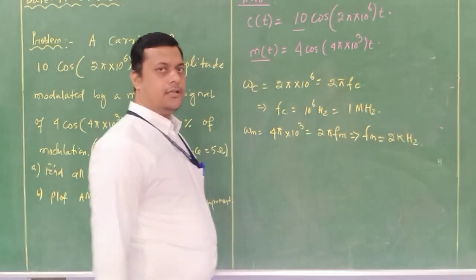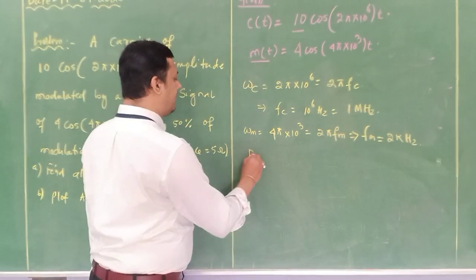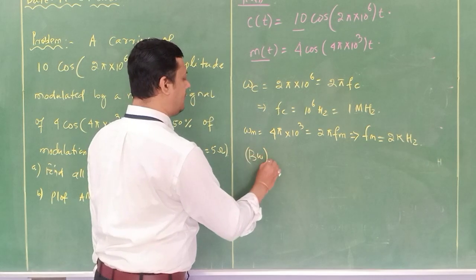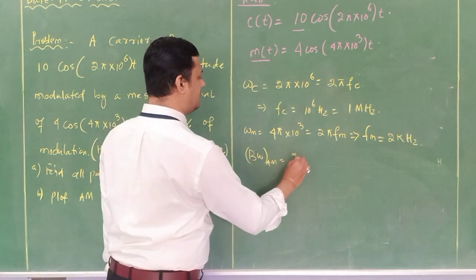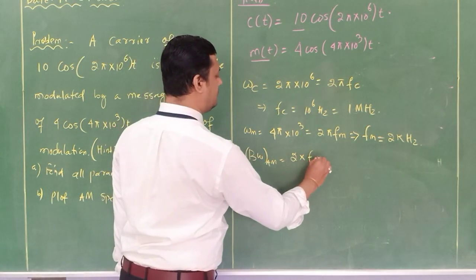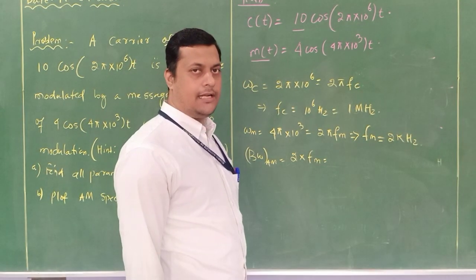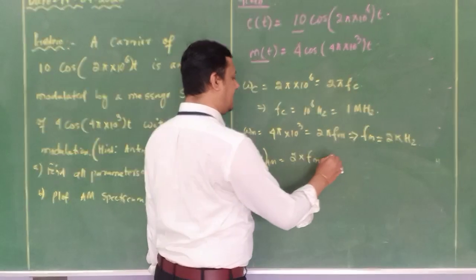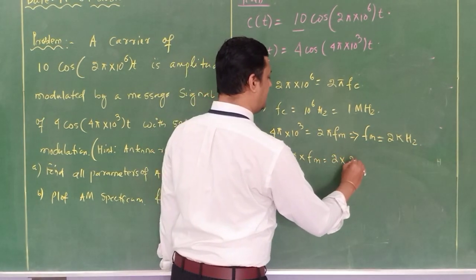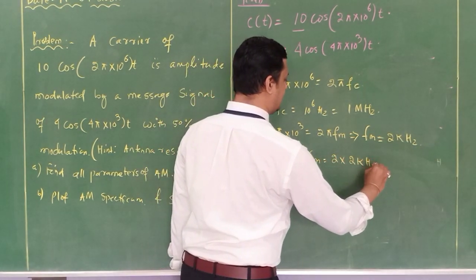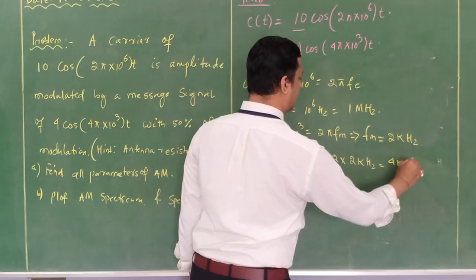Then now what is the bandwidth of AM? So bandwidth of AM is equal to twice the modulating frequency available in our modulated signal. So twice fm means 2 into 2 kilohertz is equal to 4 kilohertz.